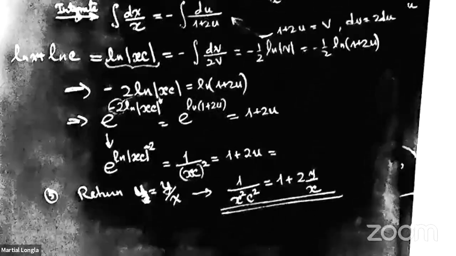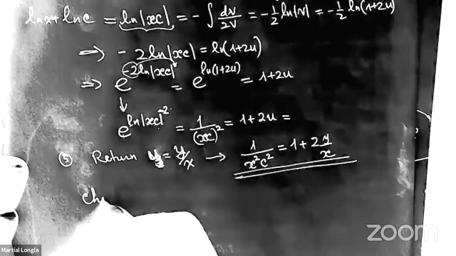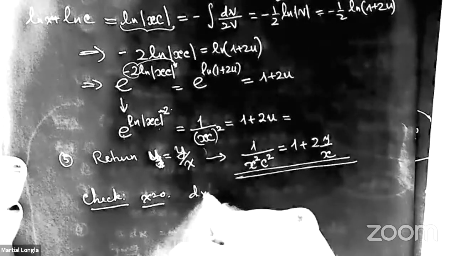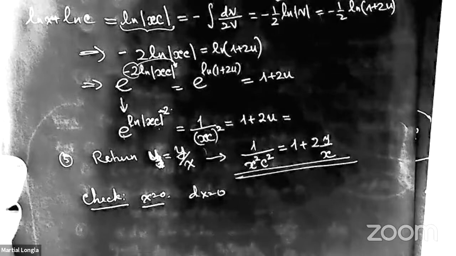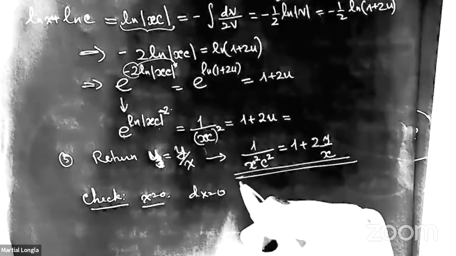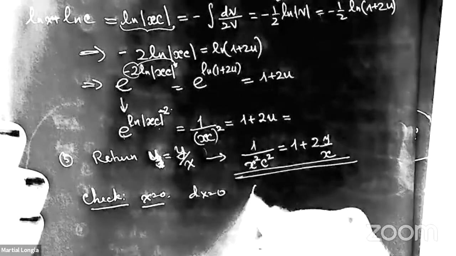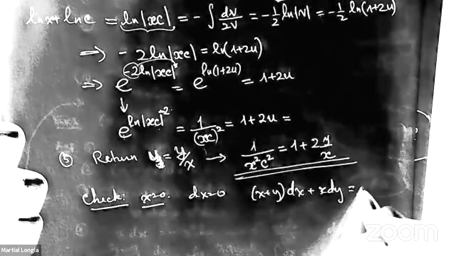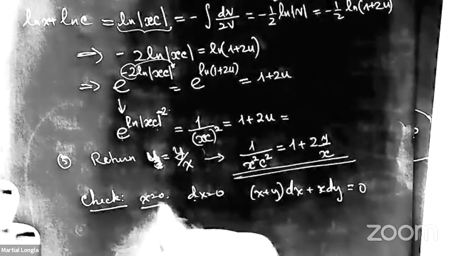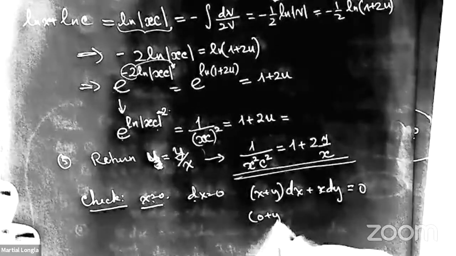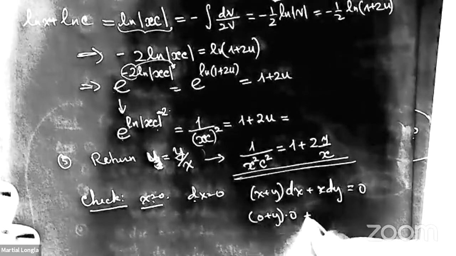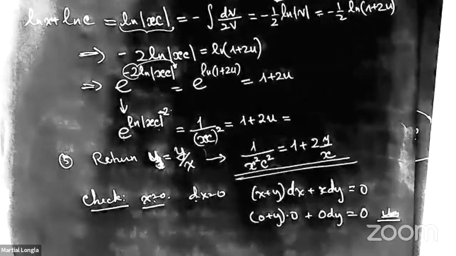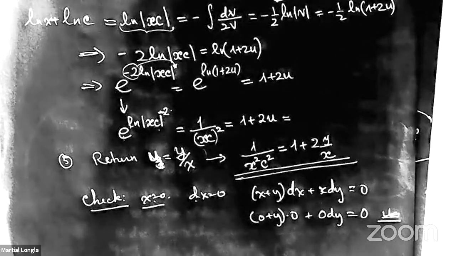So now we got to come back and check x equals 0 as function. dx is also 0 in this case. And the equation is x plus y dx plus x dy equals 0. And we can check that x is 0, so that's 0 plus y dx is 0 plus x 0 dy equals 0. And this is true always, no matter what y is.